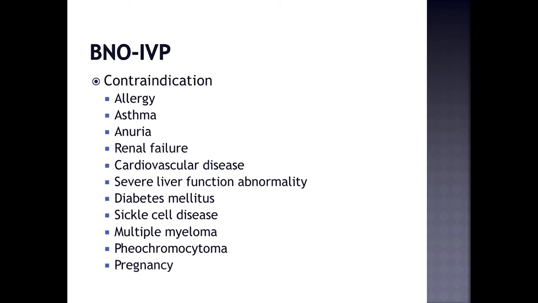IVP is however contraindicated in many cases, especially because we use contrast. It is contraindicated in cases of allergy, asthma, anuria, renal failure, cardiovascular disease, severe liver function abnormality, diabetes mellitus, sickle cell disease, multiple myeloma, pheochromocytoma, and pregnancy.